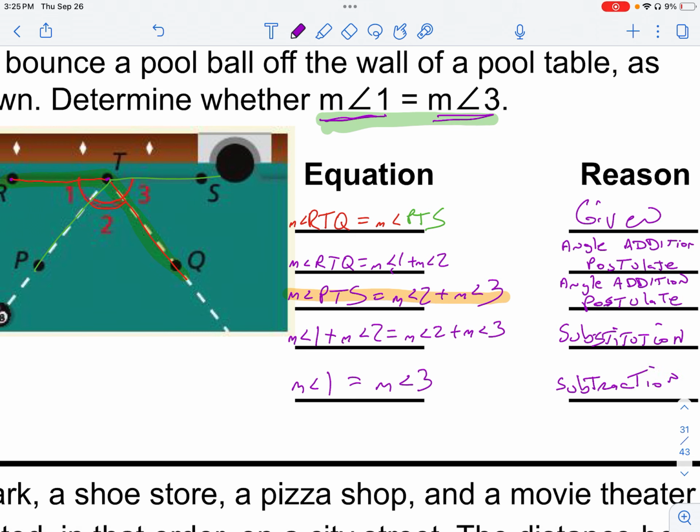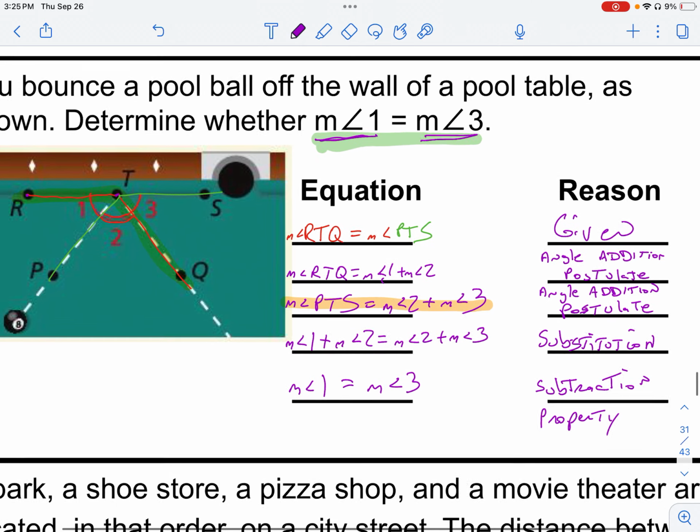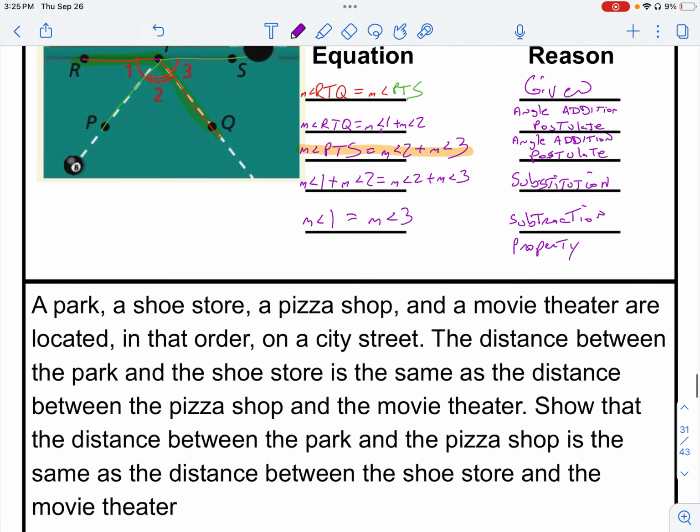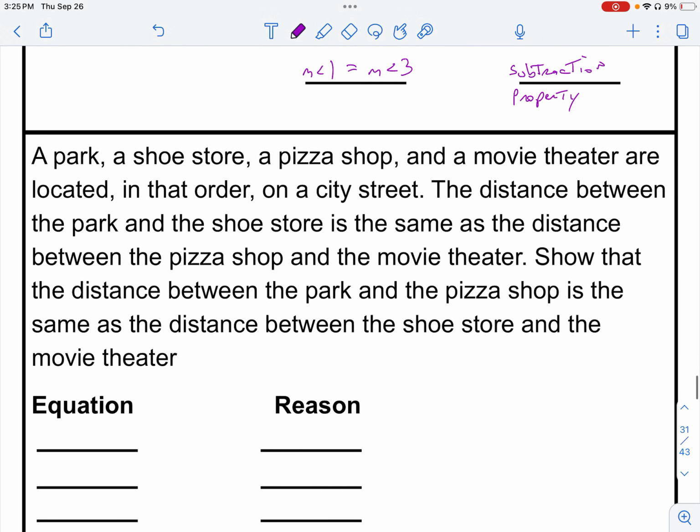So, subtraction property. So we've done what we've come to do. We're done with this problem. All right, let's move to the next one. See if we can be as lucky with this one.